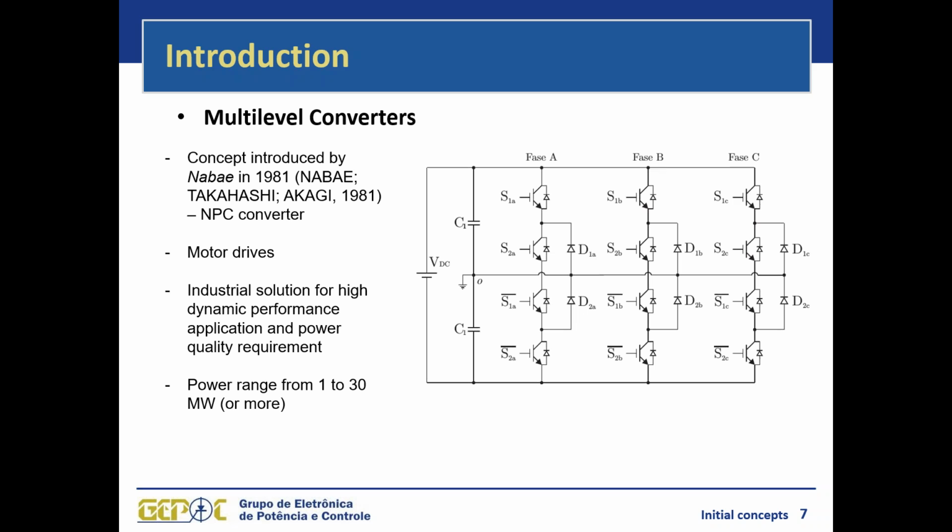One of the first topologies that you are all familiar with is the NPC converter, the neutral point clamped converter, first presented in 1981. It's a very good solution for high power or medium power industrial applications. The original NPC converter allows 3 levels on the phase voltages, and that's why we call them multi-level converters.